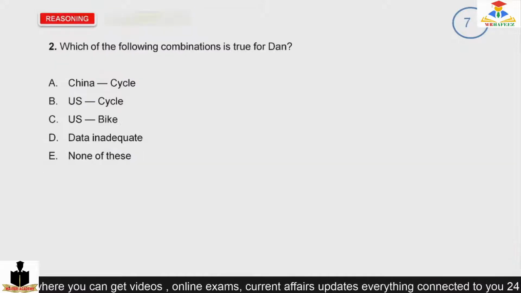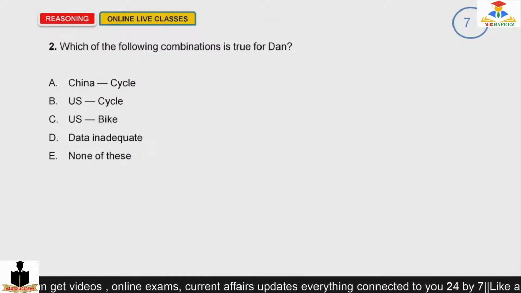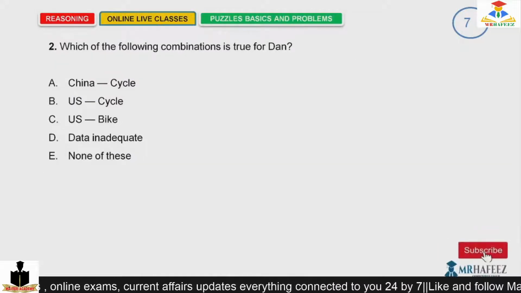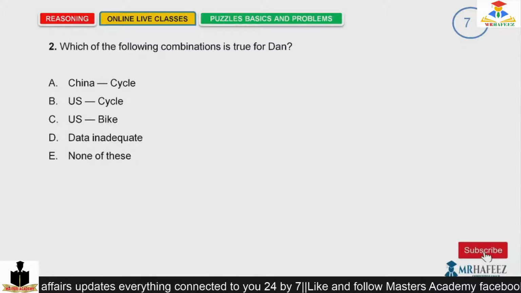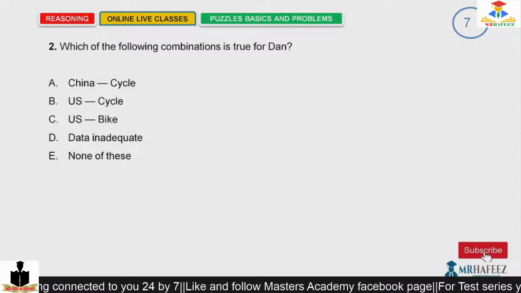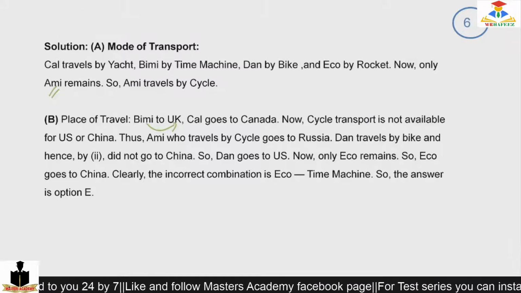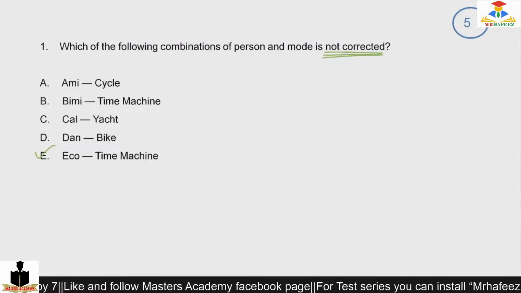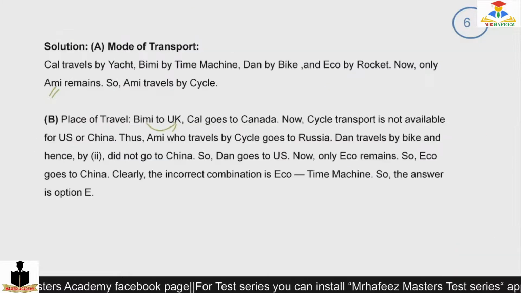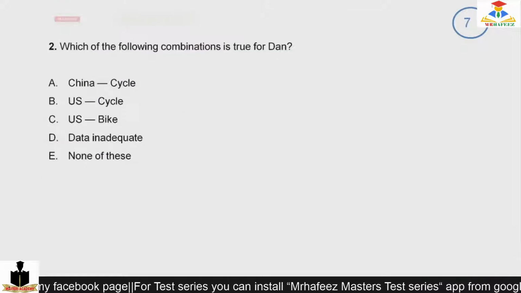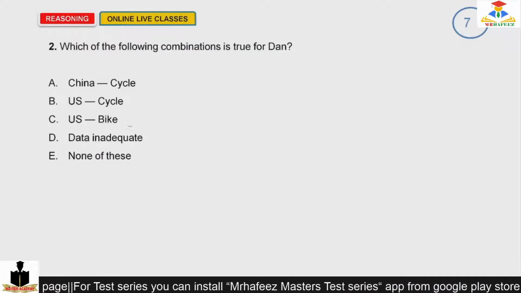Right? Next. Which of the following combinations is true for Dan? So is it data inadequate or none of the above, or Dan related to what? Dan is related to bike and US. So we need to take bike and US.